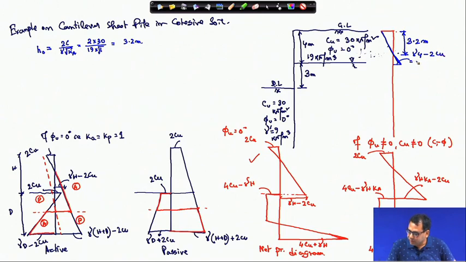So, gamma is 19 into 4 minus 2 Cu, which is 30. So, this value is equal to 16 kilonewton per meter square, because at 4 meter, gamma is 19 into 4, K is equal to 1 and minus 2 Cu, Cu is 30.